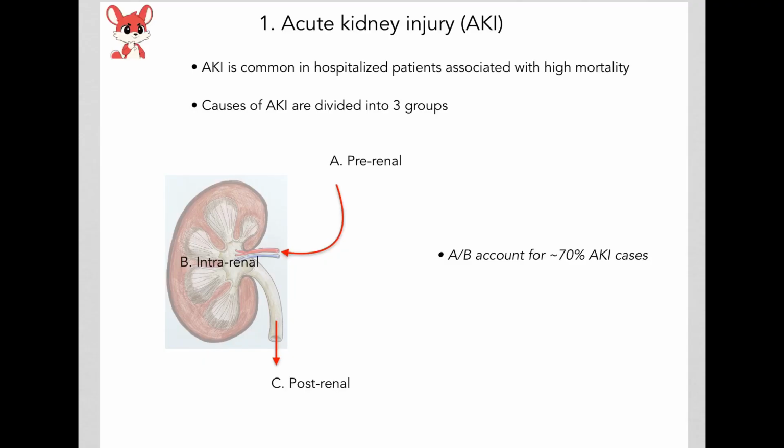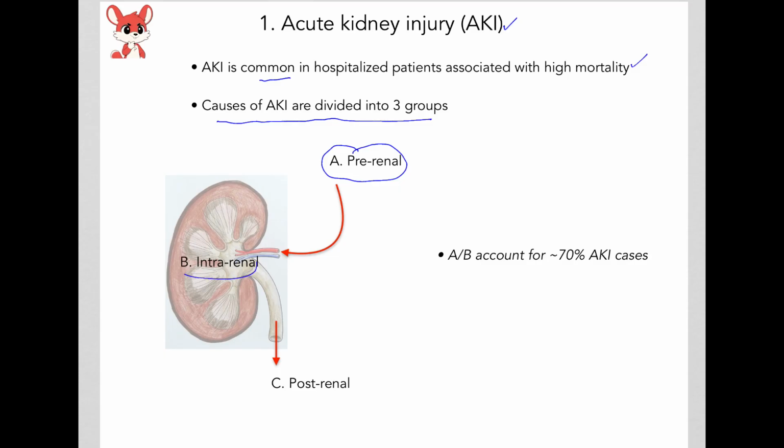Now, acute kidney injury, or AKI, is a common reversible condition in hospitalized patients, and it's associated with a high mortality. The causes of AKI are divided into three groups. One is pre-renal, that means the cause is before the kidneys.